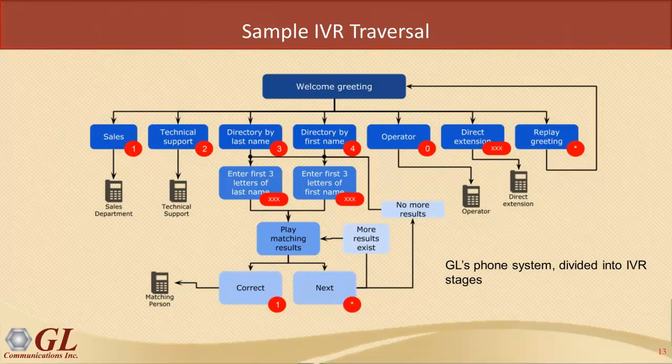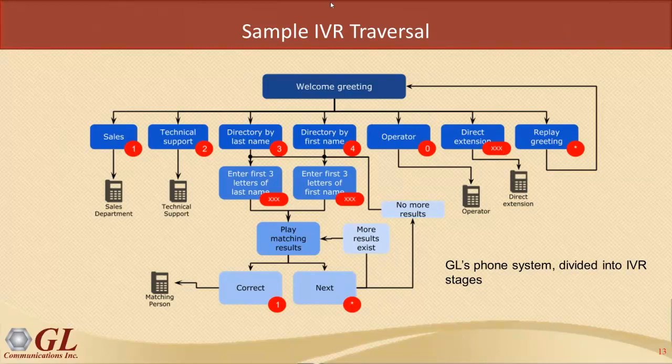At the first stage, it plays the welcome greeting, and then it plays the different options to reach the subsequent IVR stages. For example, press 1 for sales, press 2 for technical support, press 3 for a directory by last name, and that's all labeled here by the digit assigned to each option.